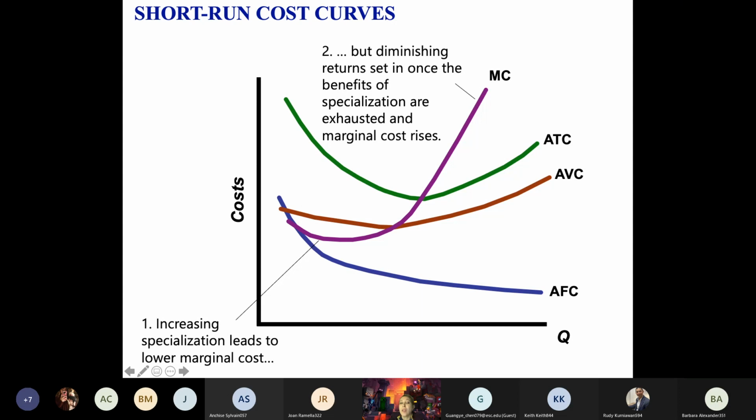The marginal cost crosses the variable and total cost at their minimum points. The explanation is similar. Increasing specialization leads to lower marginal cost at first, and then diminishing returns set in, and the benefits of specialization are exhausted, so the marginal cost rises.